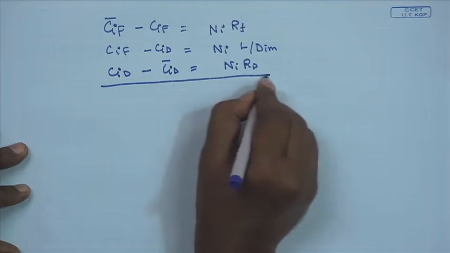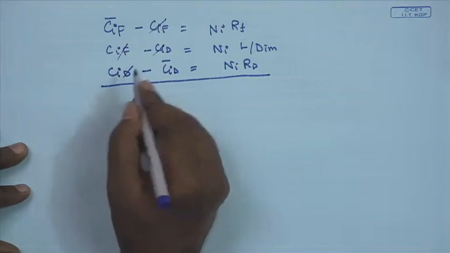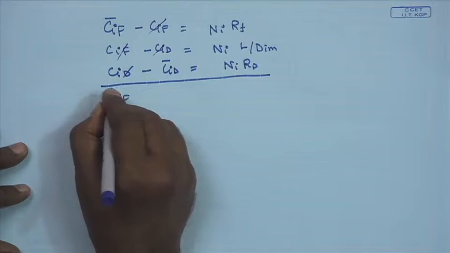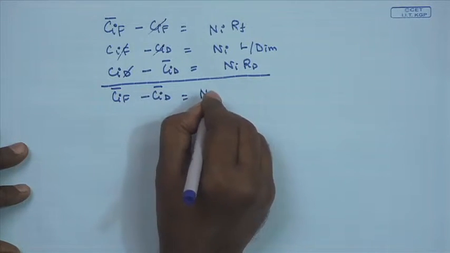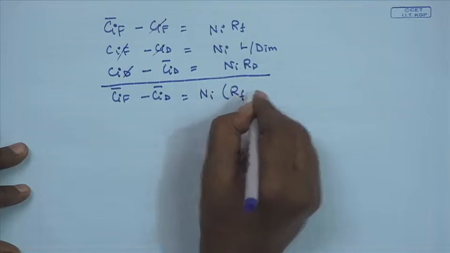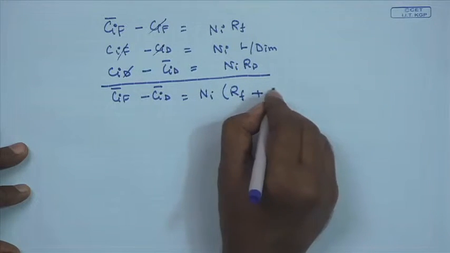If we add them all up, these will be cancelling out, and you will be getting Cif bar minus Cid bar is equal to Ni times the sum of the resistances. All the resistances are added in series.